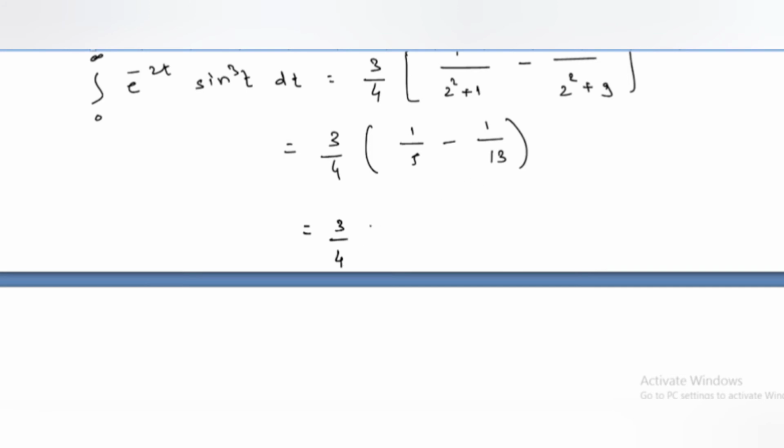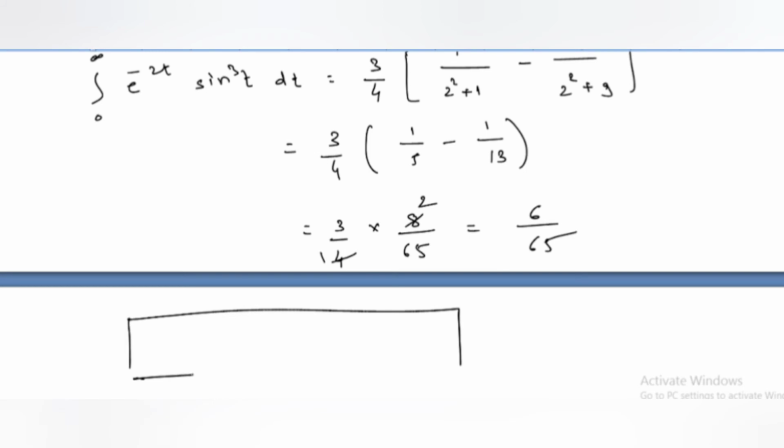Take cross multiplication: 13 minus 5 is 8 divided by 5 into 13, which is 65. 4 ones are 4, 4 twos are 8, so 6 upon 65. This is the solution of this integration. Hence the value of the integration is 6 upon 65.